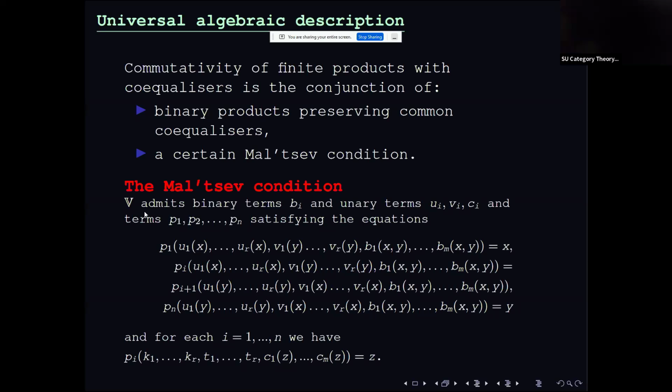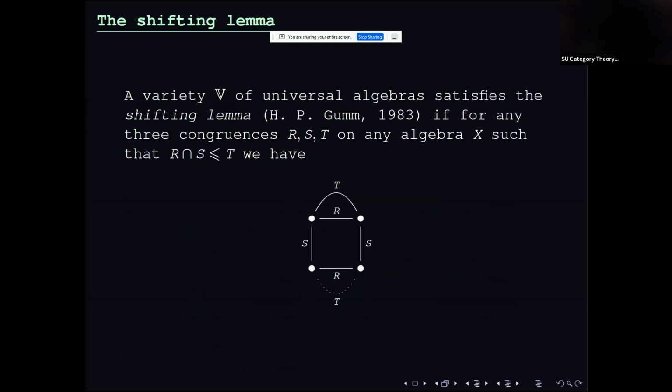It's just saying that V admits binary terms and unary terms, and then much larger terms which satisfy these equations. And that's it. So for pointed varieties, the condition can be equationally described.